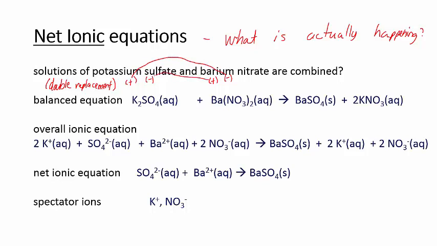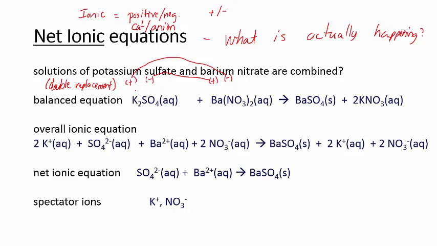Remember the rules of ionic compounds: you always write the positive first and then the negative ion. So the cation goes first and then the anion. I don't care how you think of it, but that's how you're going to see it, and that's how I expect you to write it.